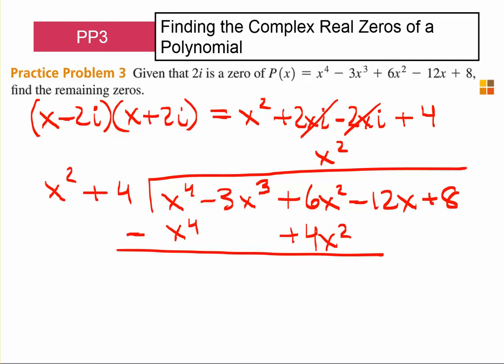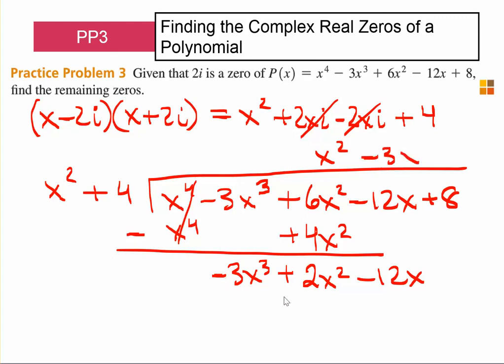All right, the x to the 4ths are canceled. But we do have to bring down the leading coefficient, so don't forget you've got to bring down a negative 3x cubed. Then we go one over from there. Let's see, what multiplies x squared to give you negative 3x cubed?